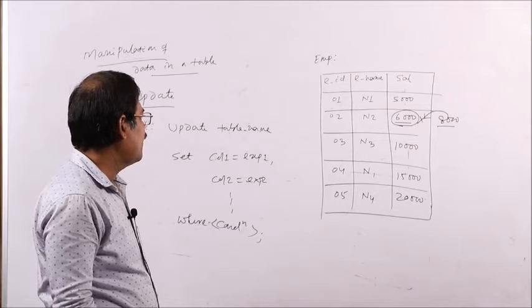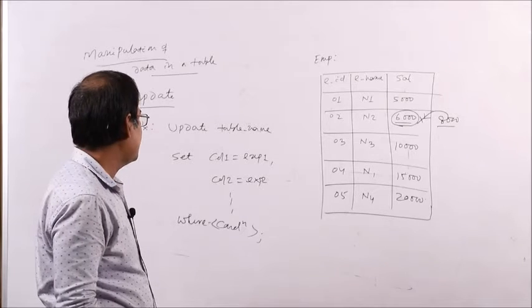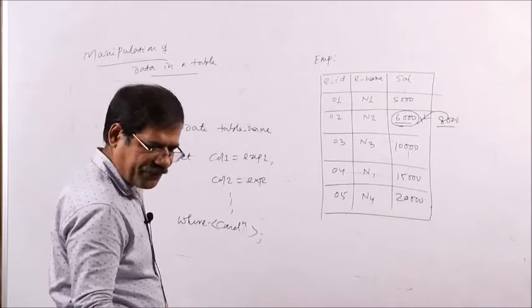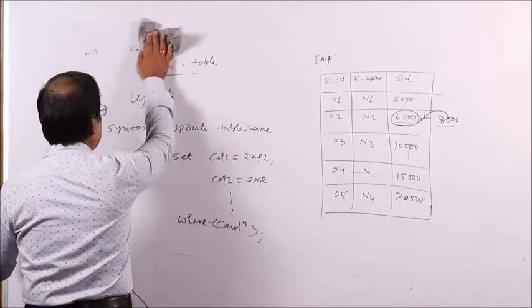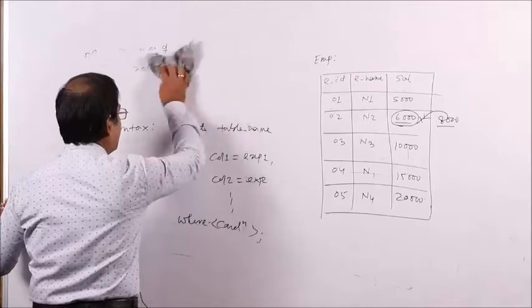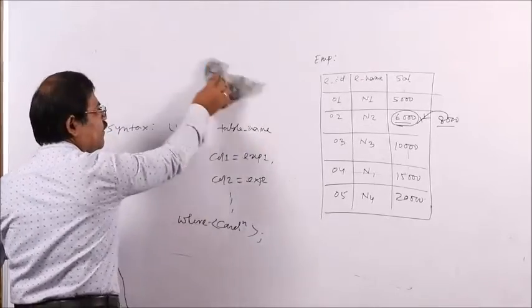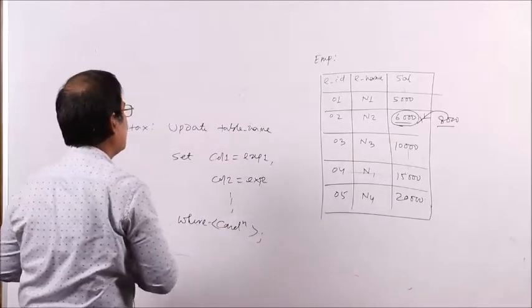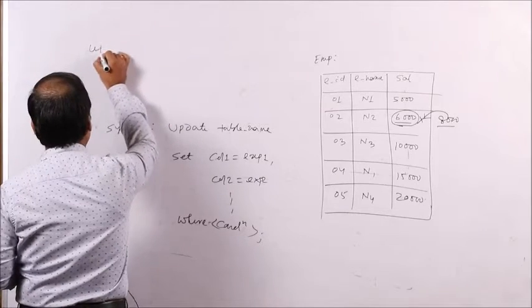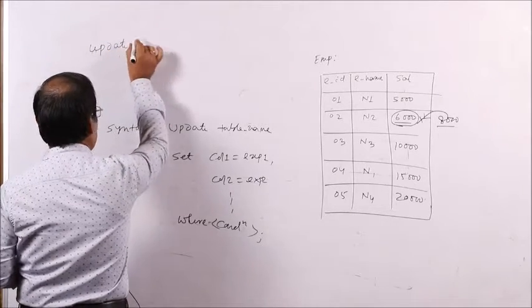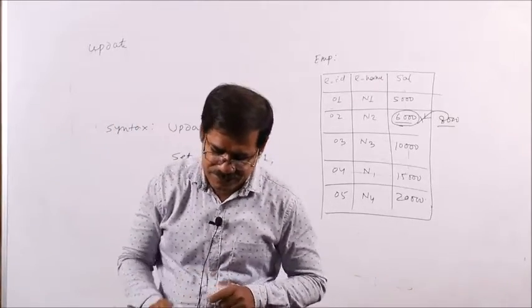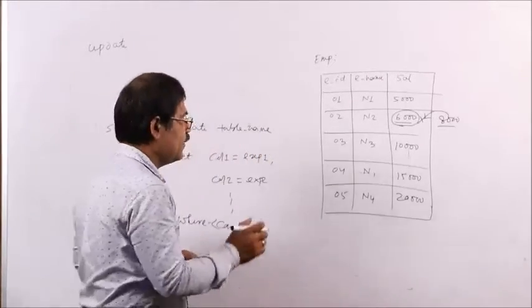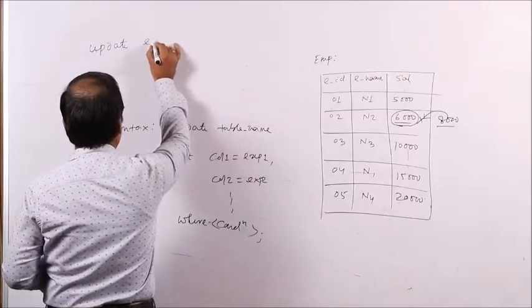So, what do you write? The syntax is update table name. Which table do you want to update? The table name is EMP, employee; EMP is my table. So, update EMP.